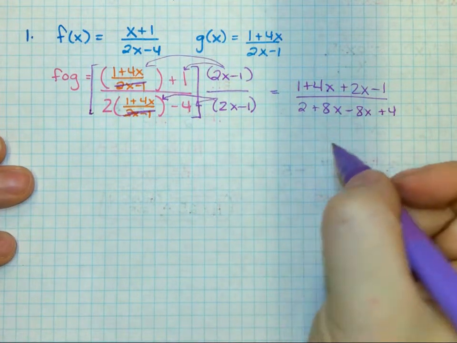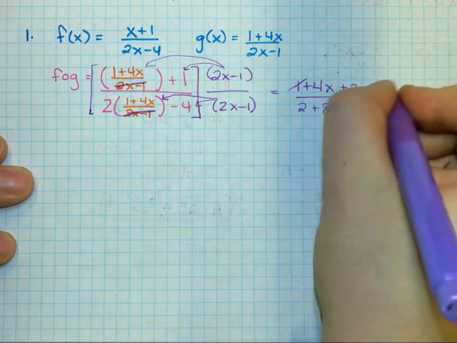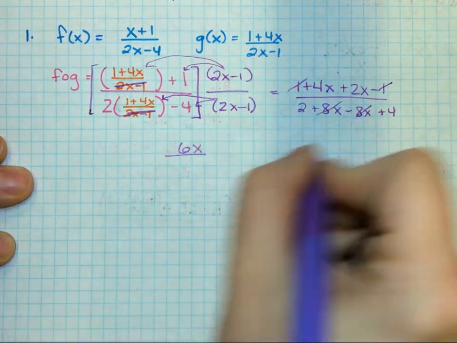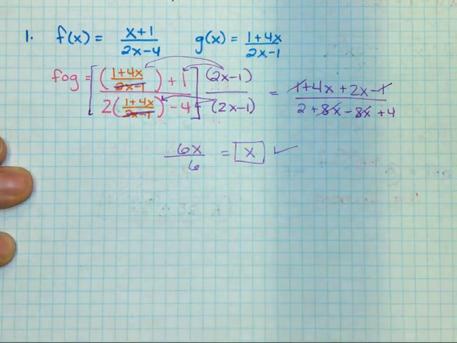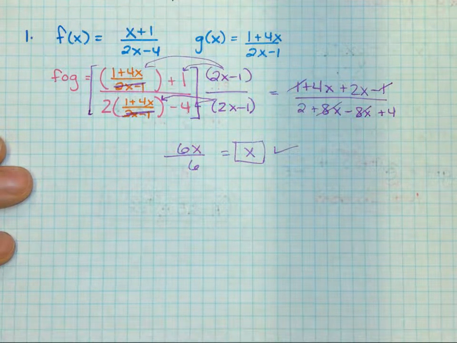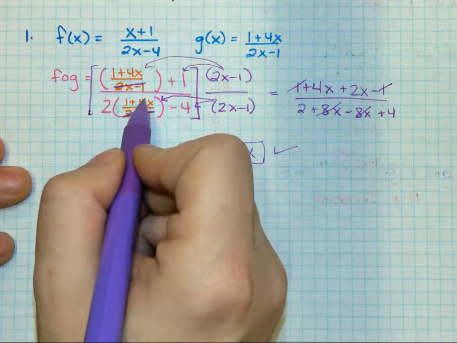All right, so these cancel out, so I will have 6x over 6, which gives me x. Okay? Can you multiply the 2 first? You could, absolutely. But if you multiply the 2 first, you would only multiply it to the numerator.